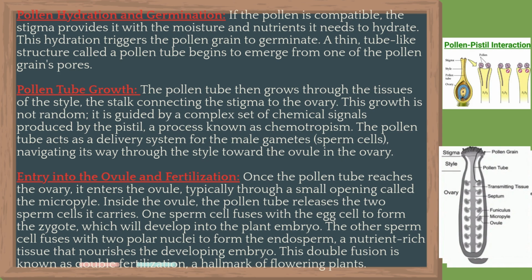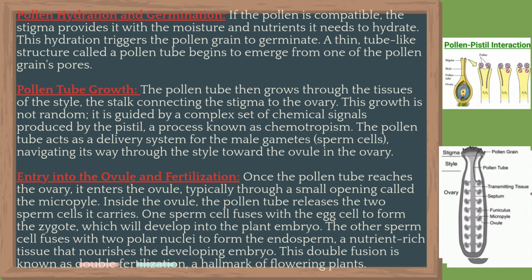Once a pollen tube reaches the ovary, it enters the ovule, typically through a small opening called the micropyle. Inside the ovule, the pollen tube releases the two sperm cells it carries. One sperm cell fuses with the egg cell to form the zygote, which will develop into the plant embryo.